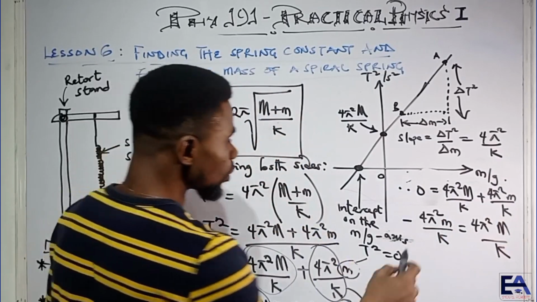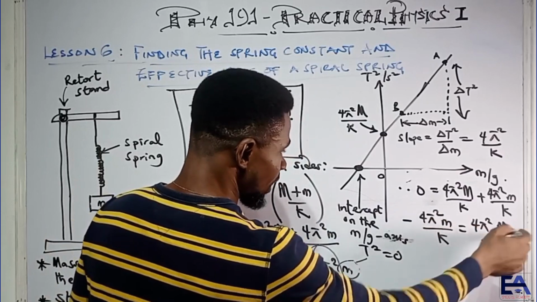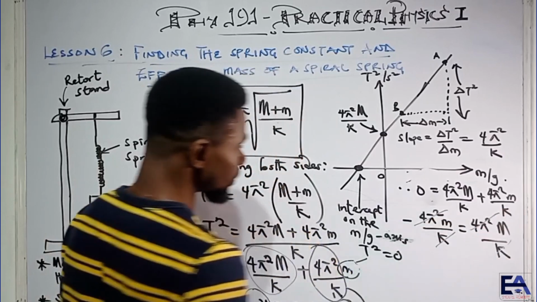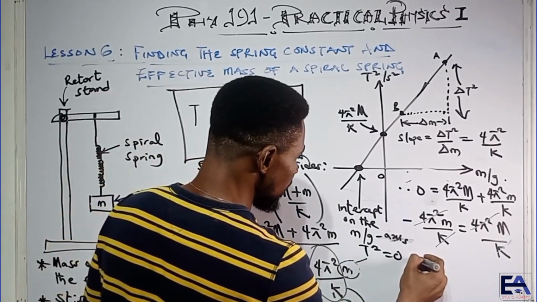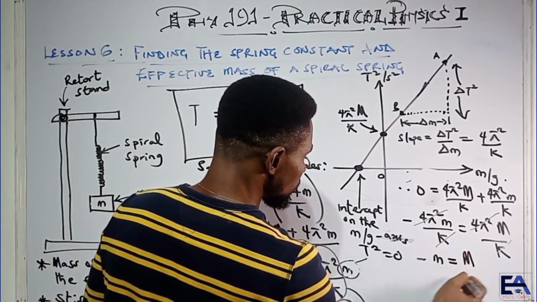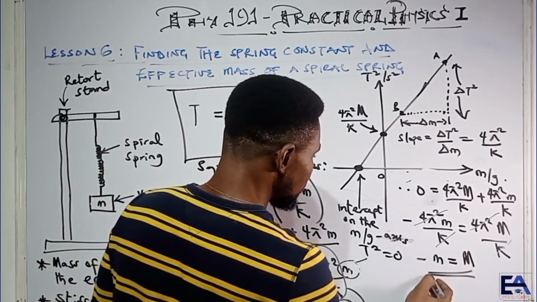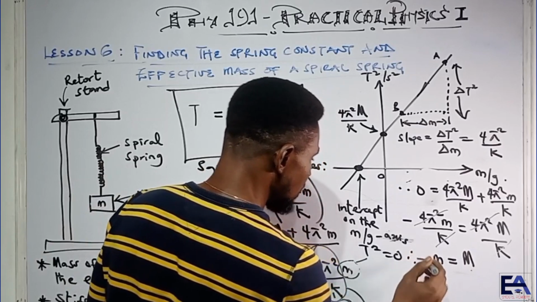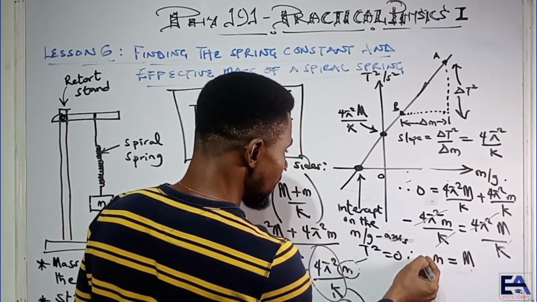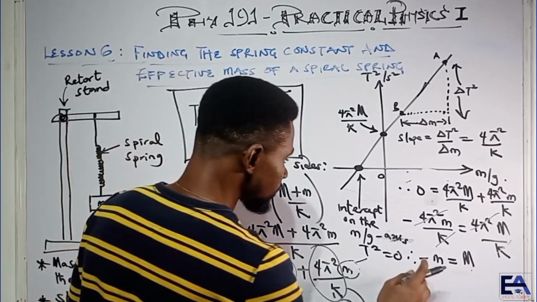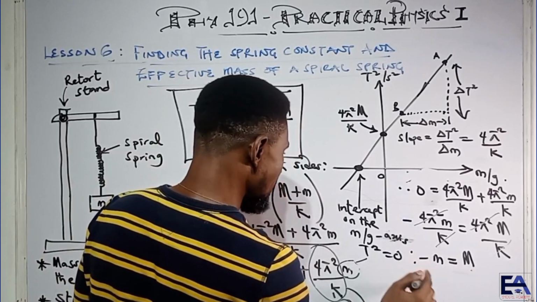So 4 pi squared cancels 4 pi squared, everything here cancels everything here. Mathematics allows it. So at the end of the day, you have minus m is equal to big M.